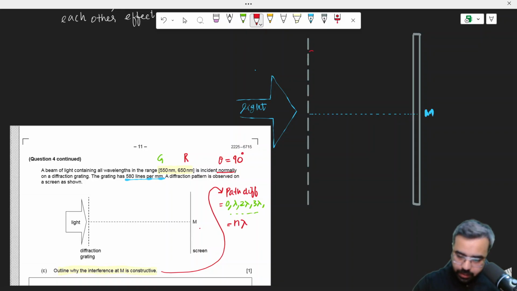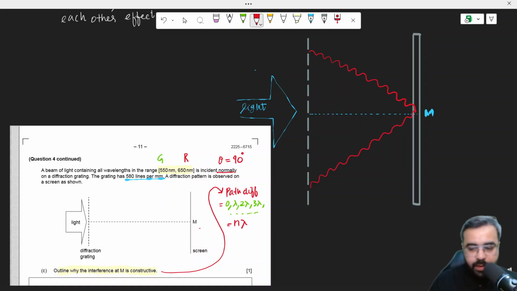So the light coming from this slit and reaching the point M, like this light, and the light coming from this slit, these two light rays, these two waves, are traveling the same distance. I'm talking specifically about wave 1 and 2. In the same manner, the light coming from this slit is traveling the same distance as the light traveling from this slit.